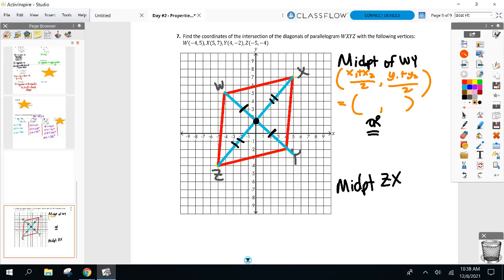And that'll be the intersection of the diagonals, the midpoints of them. Add your x's, divide by 2, add your y's.